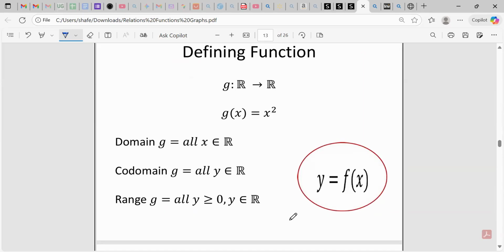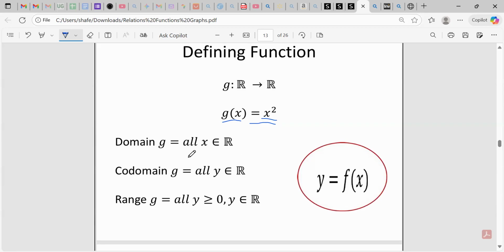Another example: G maps R to R, and we're not going to write it with that arrow anymore. We'll say G of x is equal to x squared. So the function G takes x as an input and outputs the square of it.